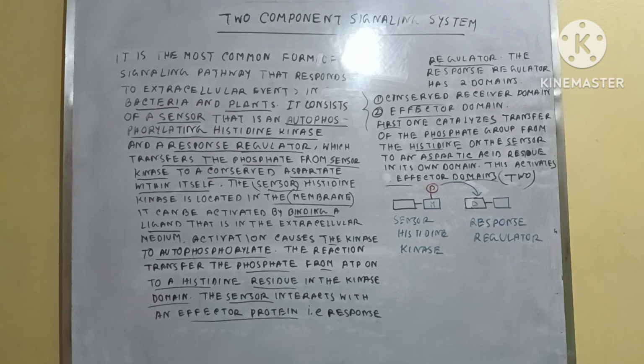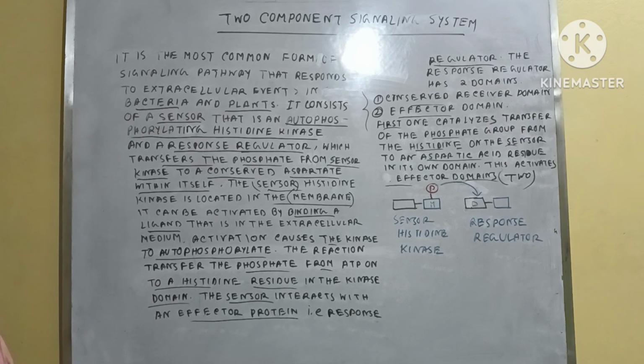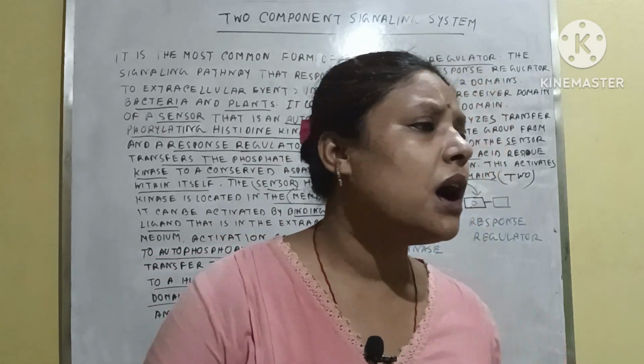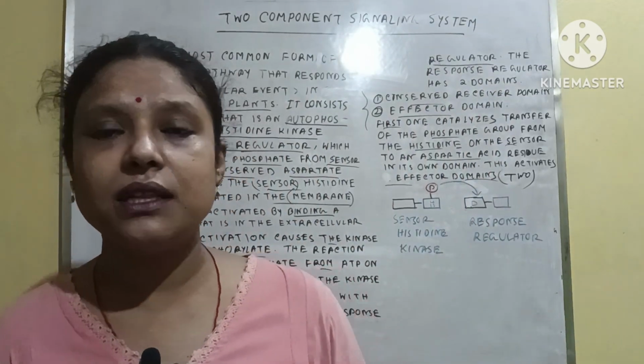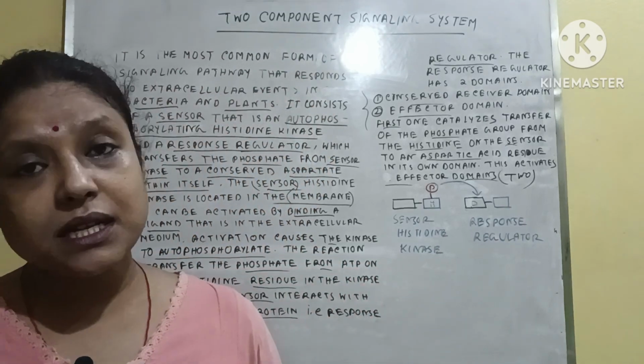So this is the two component signaling system, a short topic on how the sensor and the regulator are interdependent on each other for continuing the signaling process.